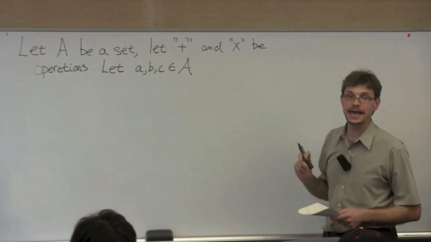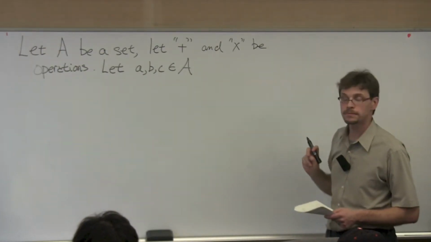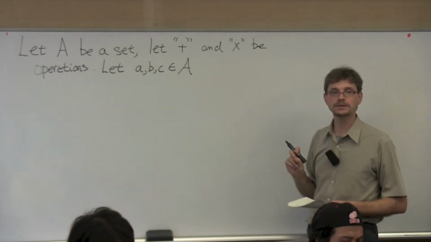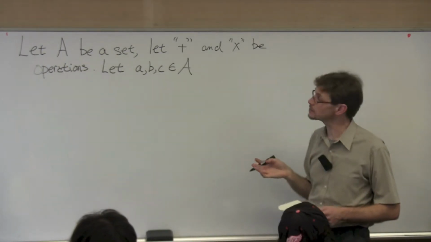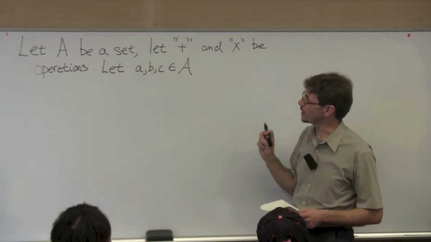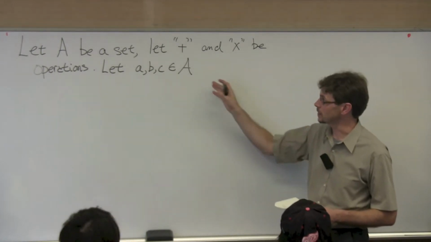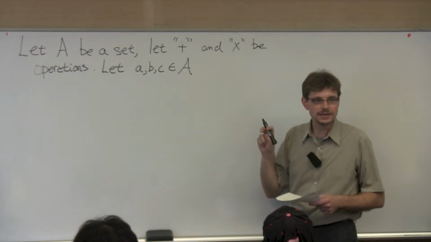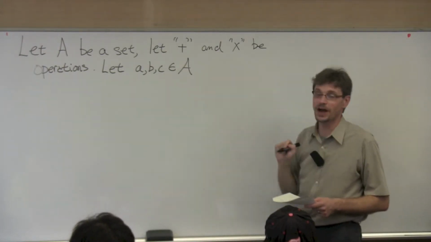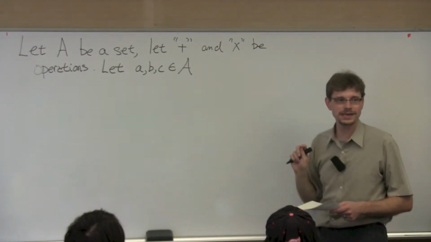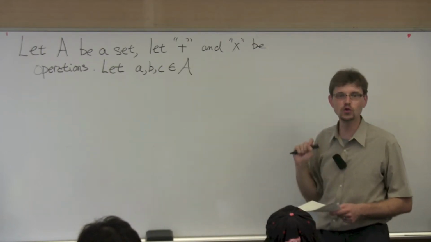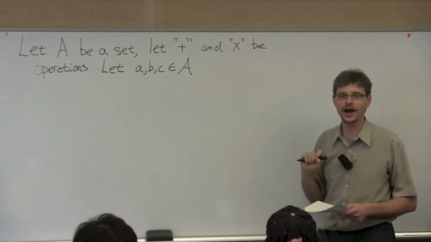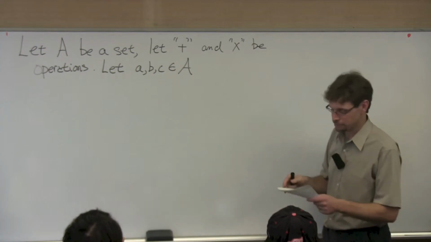Okay, so let A be a set. Let plus and times be binary operations. And we'll let little a, little b, and little c be elements of the set big A. Now, the operations plus and times are in quotes because these may not be the usual plus and times that you're familiar with.